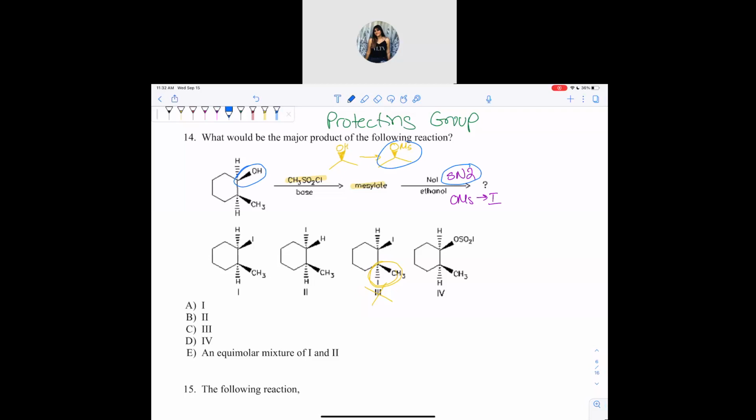So let's see which one of these guys has a dashed iodine. Nope. Yes. And then what the heck even is this? No, we hate it. So 2 is the only answer choice that makes sense here. And that's it.